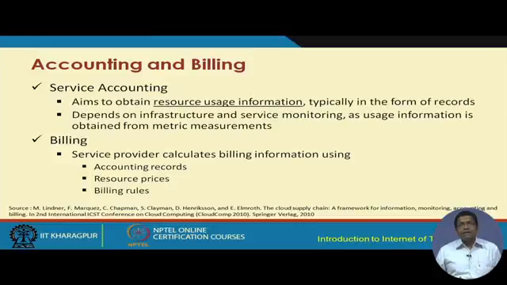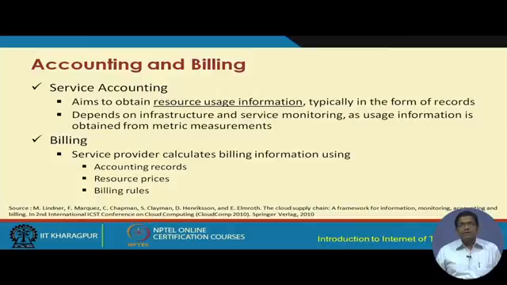Keeping track of this information about resource use, which is typically in the form of records, the customers will be billed based on the accounting records, the resource prices and the billing rules. There have to be some rules based on which the customer is going to be billed.